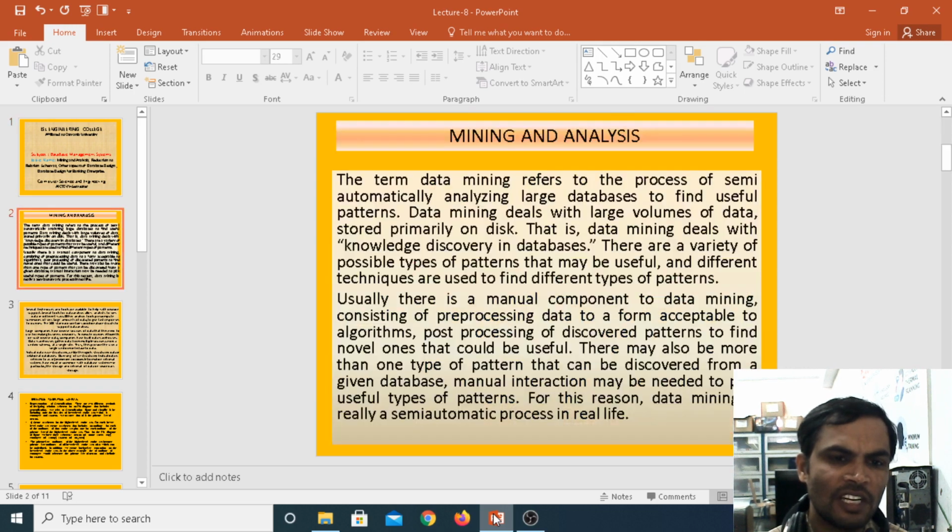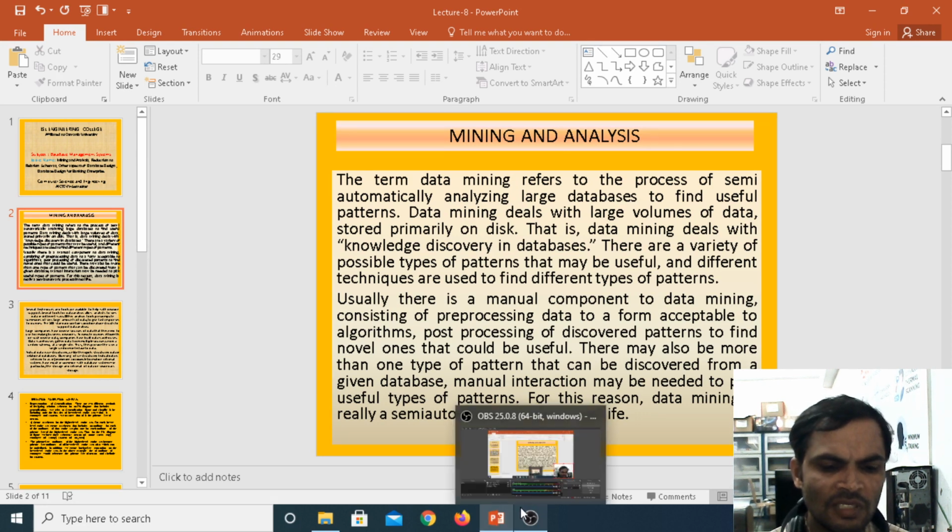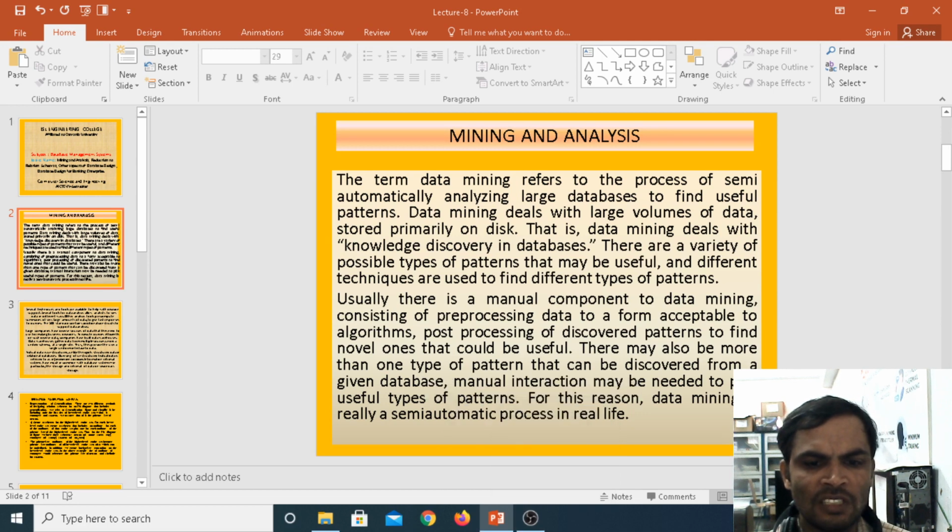Next we are going for data mining. Mining means digging the data from the database. In data warehousing and data mining, a daily life example is iron mines and coal mines.